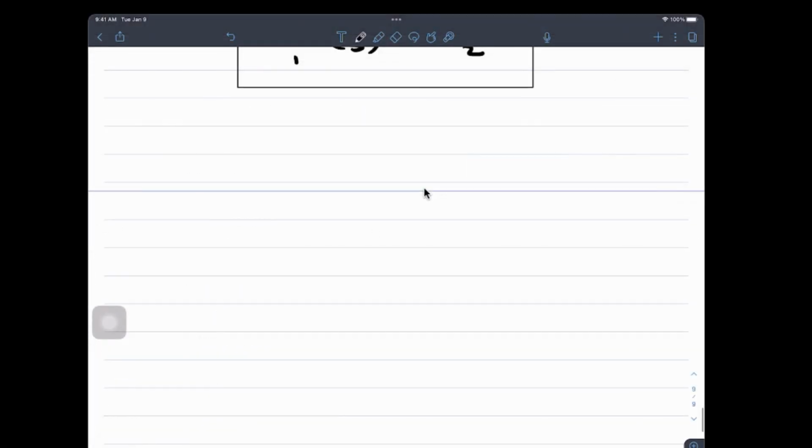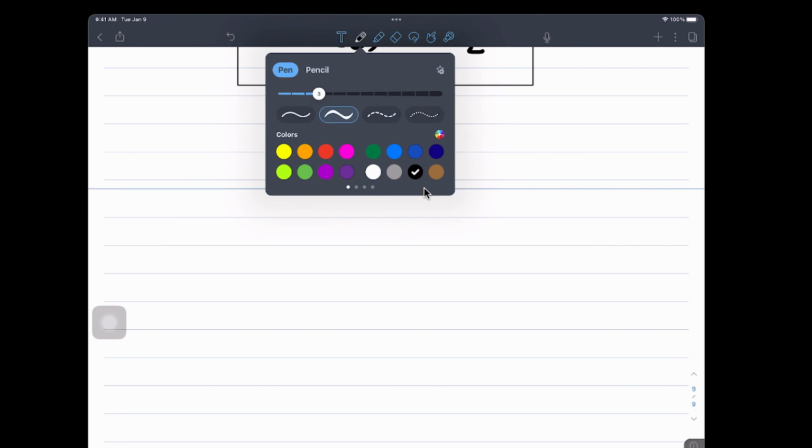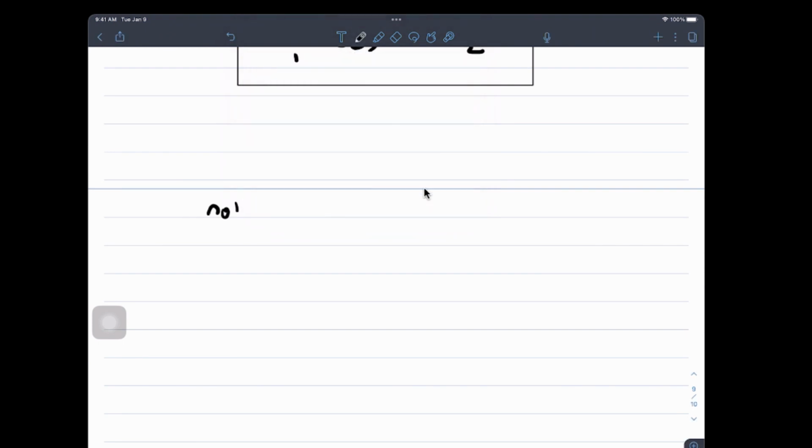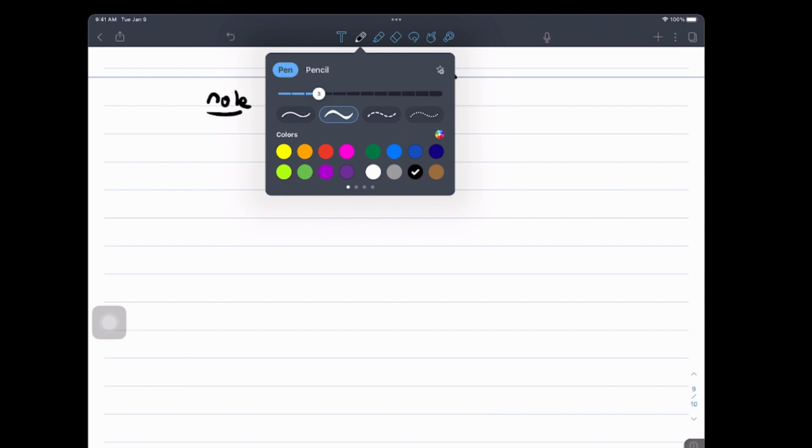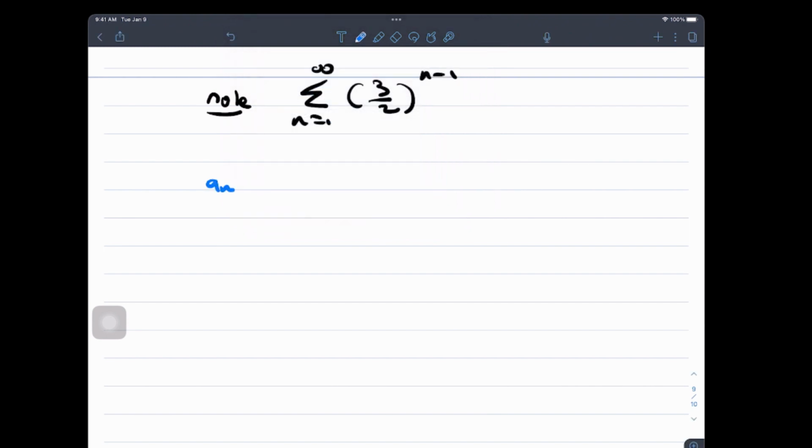And something like this, just as a note, n is 1 to infinity, and that's n minus 1. So the terms here, a_n would be (3/2)^(n-1).